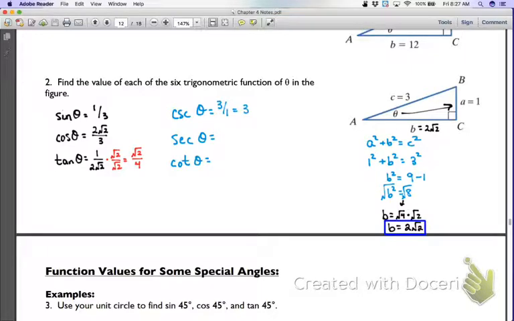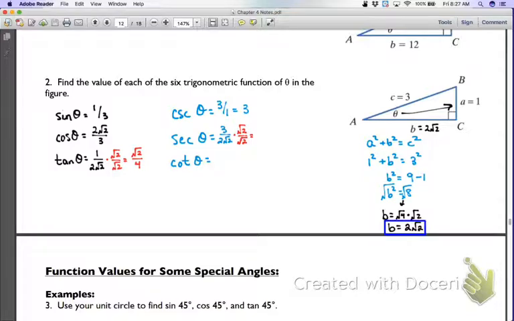Secant of theta is going to be 3 over 2 times the square root of 2. Okay? Again, I can't have a radical in the denominator. So then both the top and the bottom are going to get rationalized.